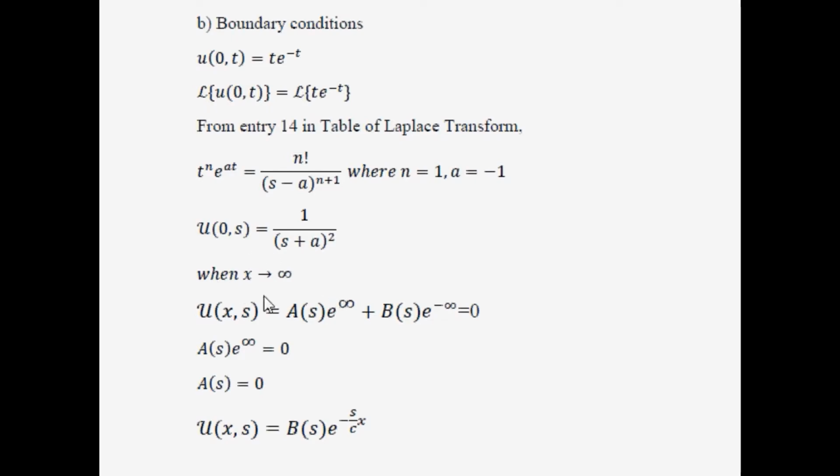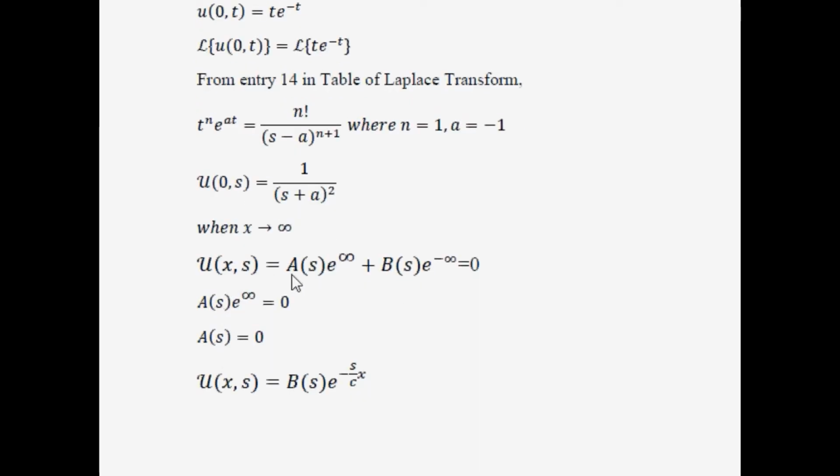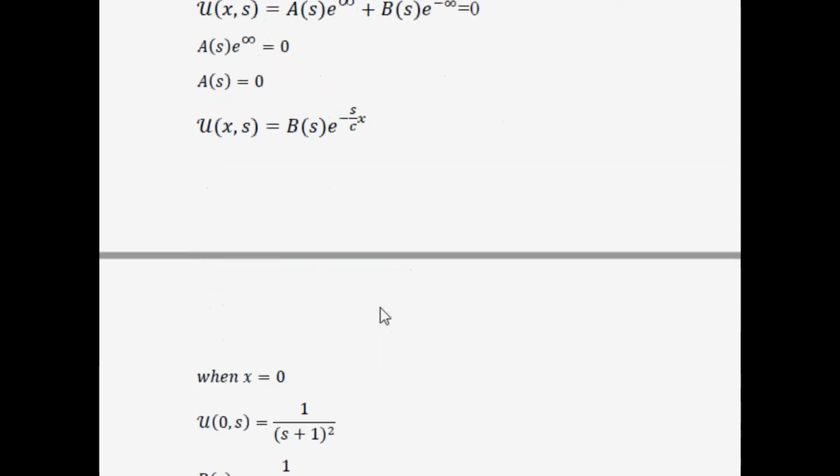When x approaches infinity, U(x,s) equals A(s) e^(infinity) plus B(s) e^(negative infinity) equals 0. We know e to the power of negative infinity gives 0, so A(s) e^(infinity) equals 0, so A(s) equals 0. We plug this value in and we get B(s) e^(negative s/c x).